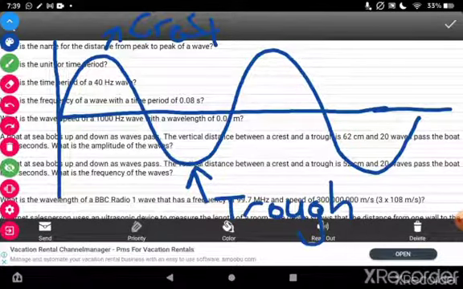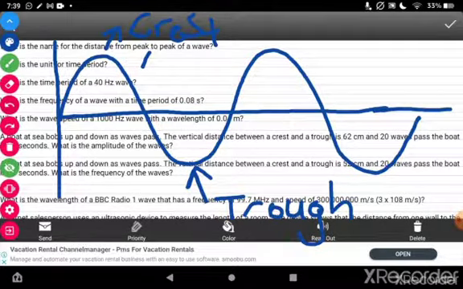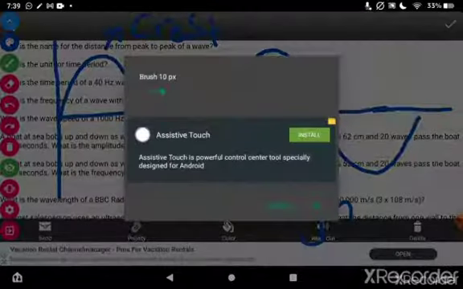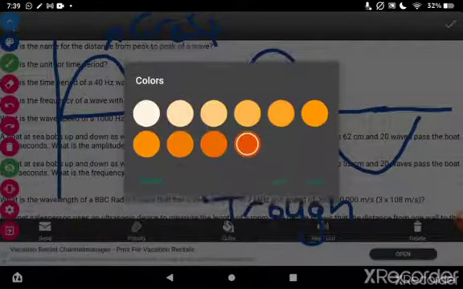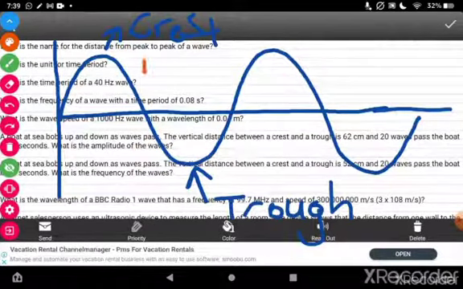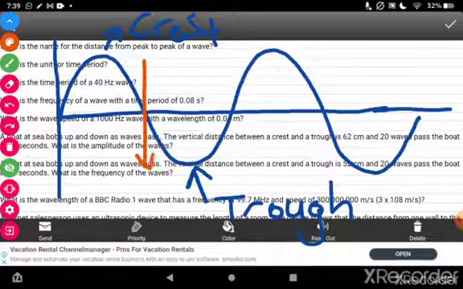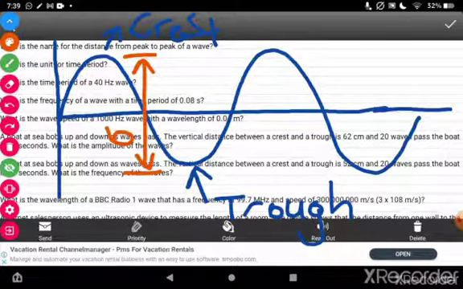The distance between the crest and the trough is said to be 62 cm.